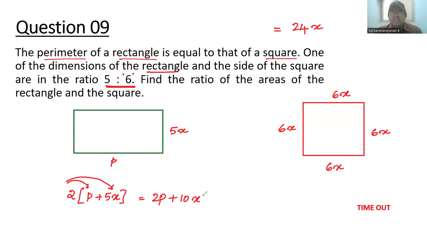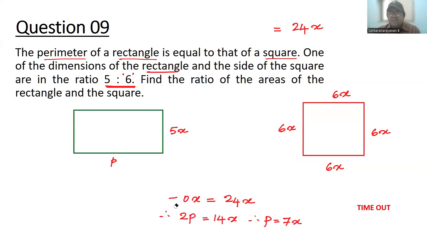This perimeter of the rectangle is given to be equal to the perimeter of the square. So 2P plus 10x is equal to 24x. That gets you 2P equal to 14x, and that gets me P equal to 7x. So I have identified the other side of the rectangle is 7x.